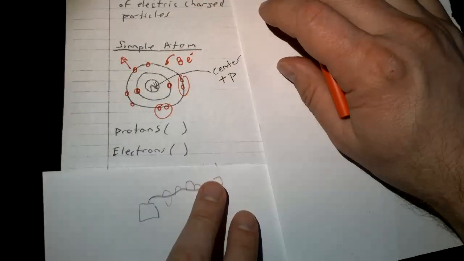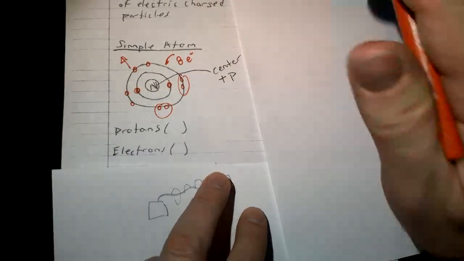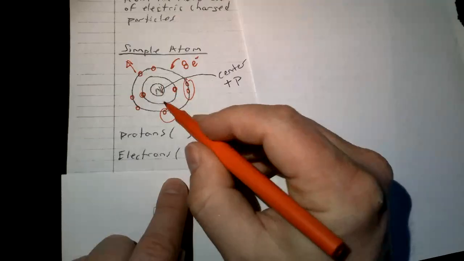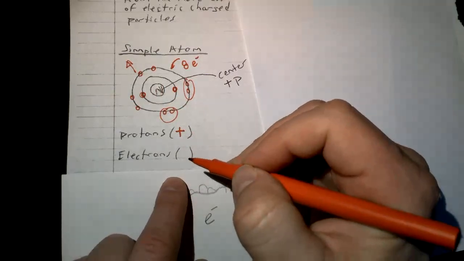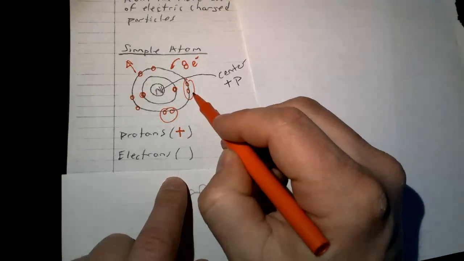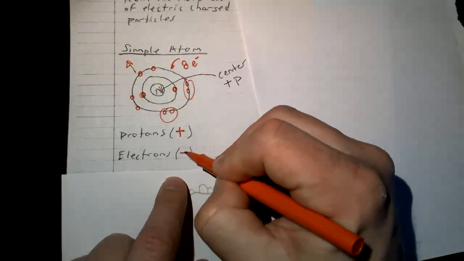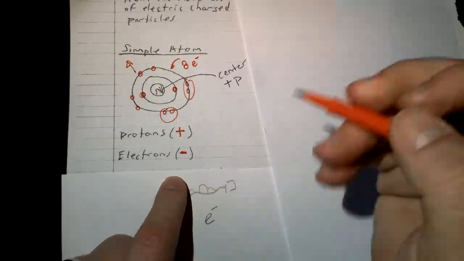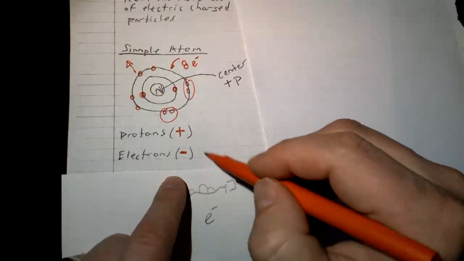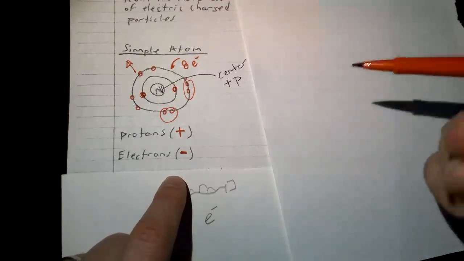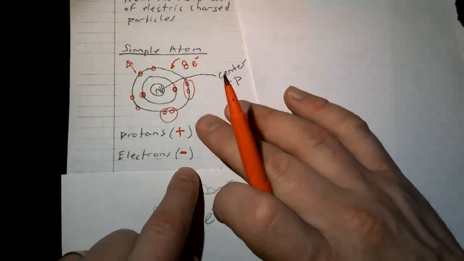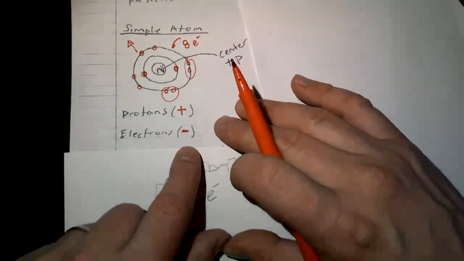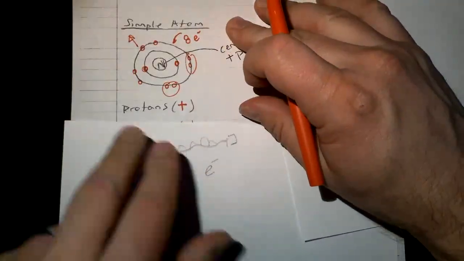Remember, you have protons and electrons, right? Protons are in the nucleus, and they have a positive charge. And electrons are in the outer shells, which are negatively charged. And this is really the basics of electricity, that you want something to flow or happen. And that's really important for the concept that we're learning today.